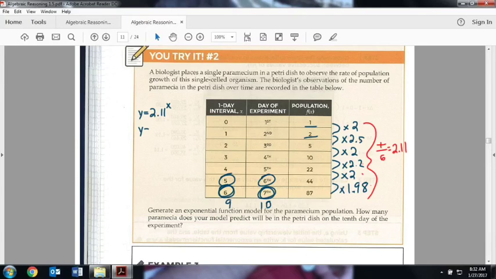So we need y equals 2.11 to the 9th, which is 828.9. So I'm going to round that to 829. So that's our prediction, and that's our model.